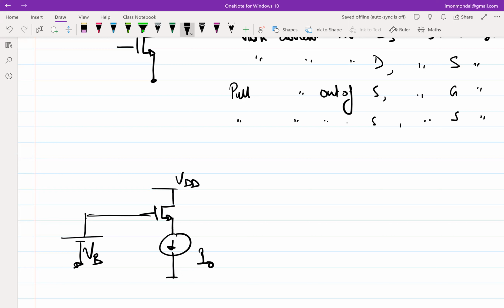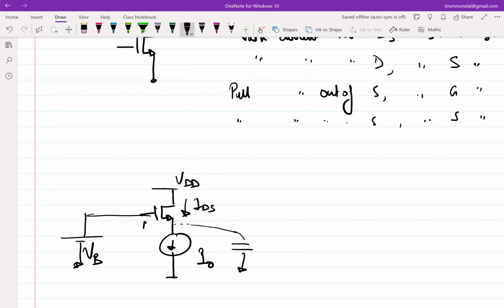Okay. So now again we'll do the same argument as we did in the previous class. Let's assume that there is a small capacitor here to help us understand the direction of the voltages. Like the previous class, we'll assume that we have connected it like this in the lab, and the transistor is giving us some current IDS.